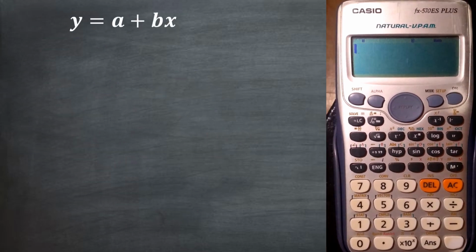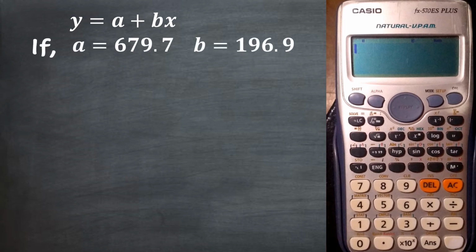Now that we have the values for A and B po, all you have to do is substitute those values in the regression analysis equation so that we can determine the values for Y given the value of X. For this problem, the value of A is 679.7 and the value of B is 196.9.